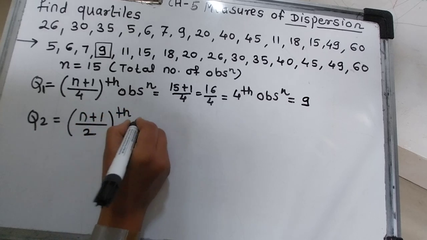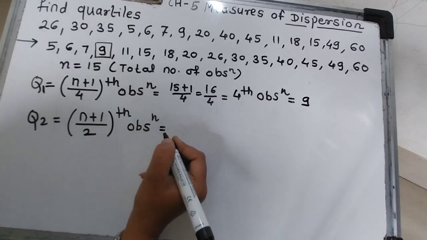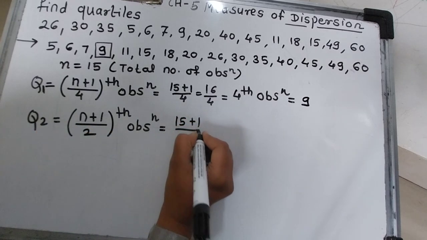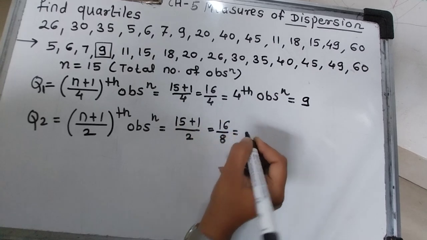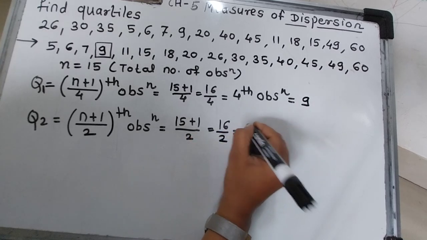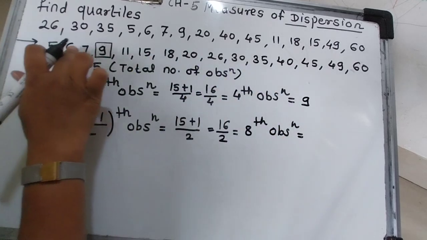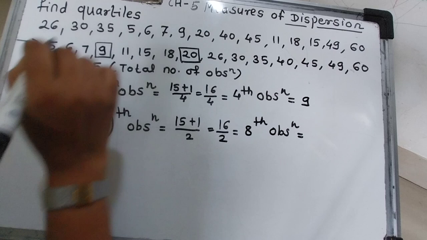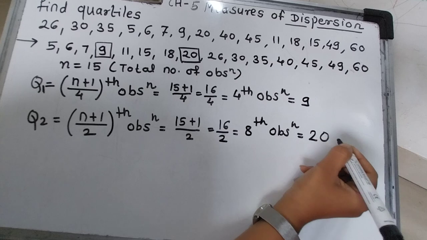So 15 plus 1 divided by 2, 16 upon 2, it is the 8th observation. 1, 2, 3, 4, 5, 6, 7, 8. This observation is the median, which means 20 is the Q2.